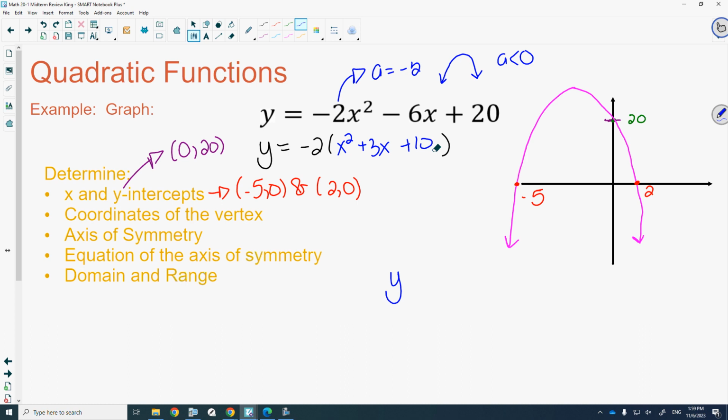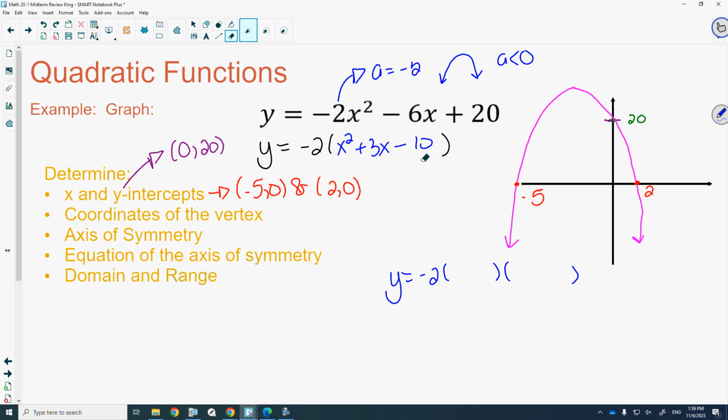So I would get y is equal to negative 2, and then two numbers that multiply to negative 10 and sum to 3. Sorry, when I divide out a negative 2, the signs change: this becomes positive, and this becomes negative. Okay.